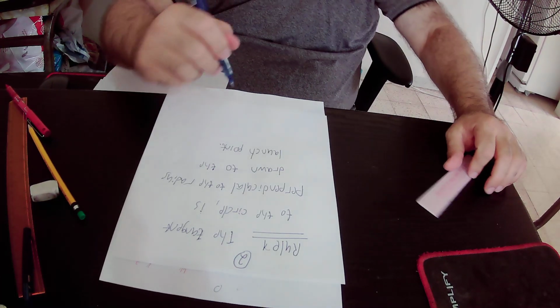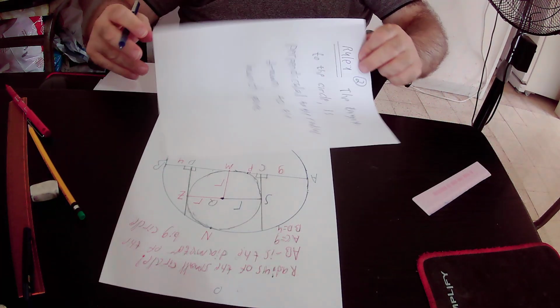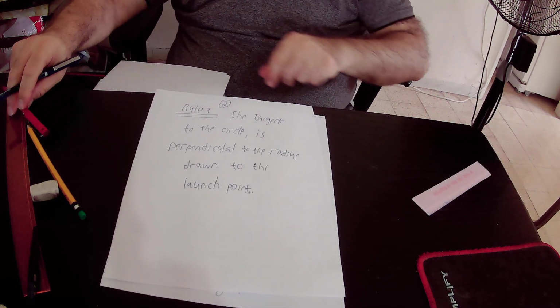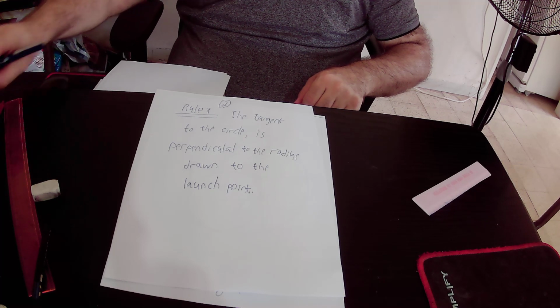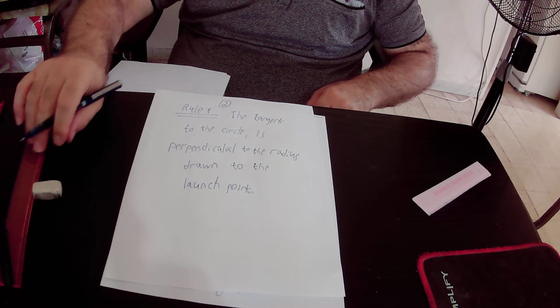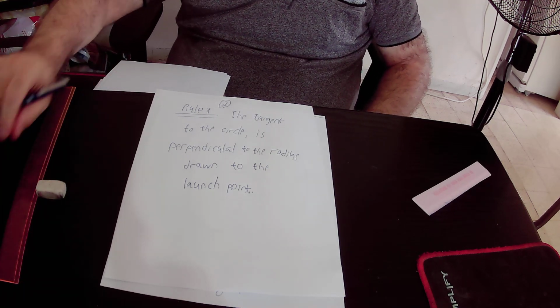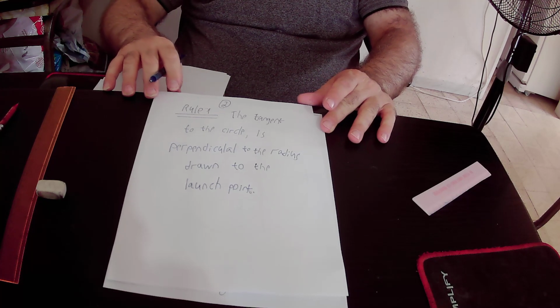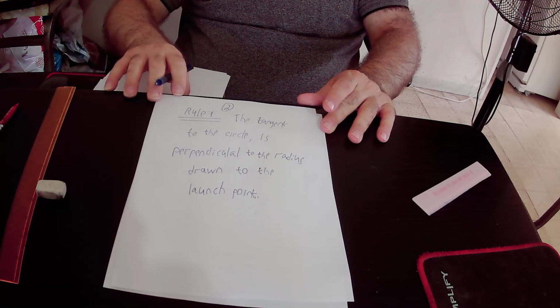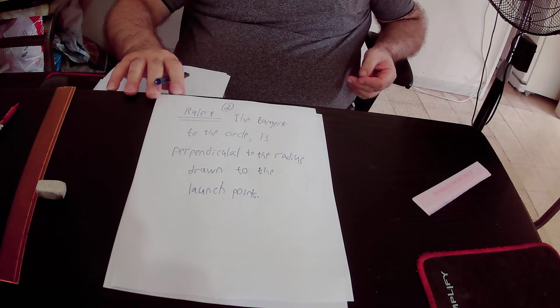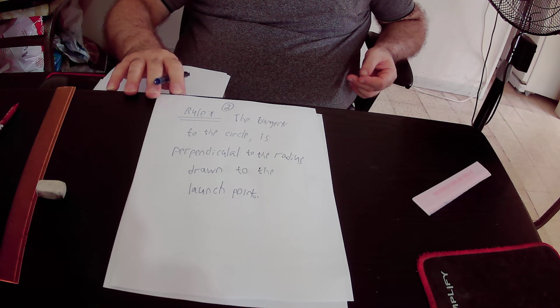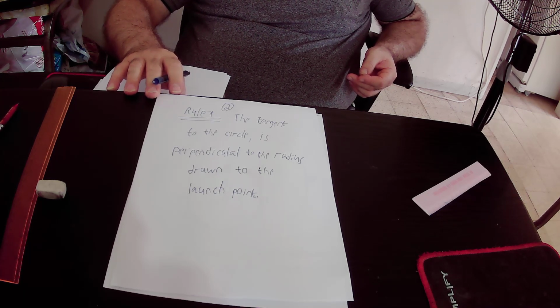So I'll read rule number 1 again. Rule number 1 states that the tangent to the circle is perpendicular to the radius drawn to the tangent points.